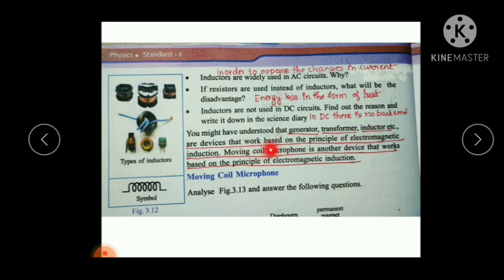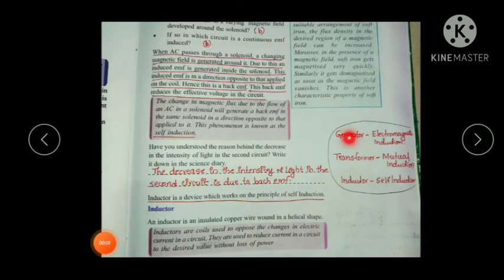So you might have understood that generator, transformer, inductors, etc. are devices that work based on the principle of electromagnetic induction. See, generator is working on the principle of electromagnetic induction, transformer is working on mutual induction, and inductor is working on the basis of self-induction.